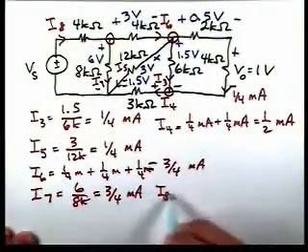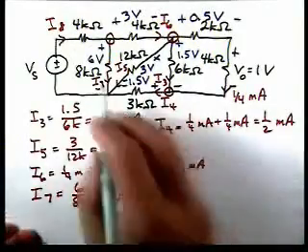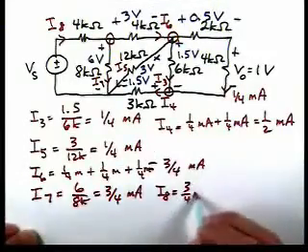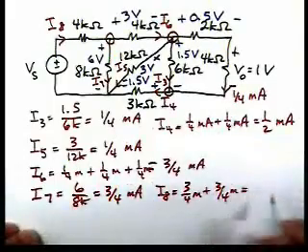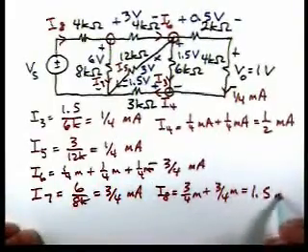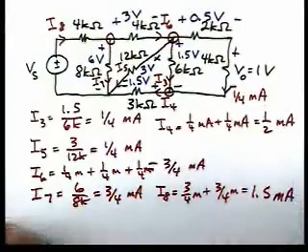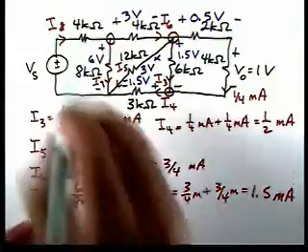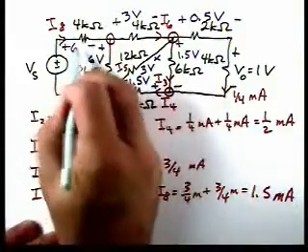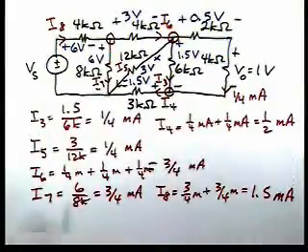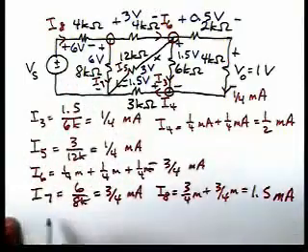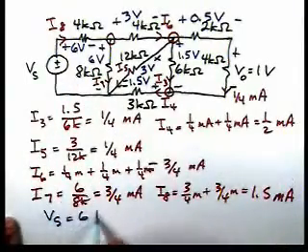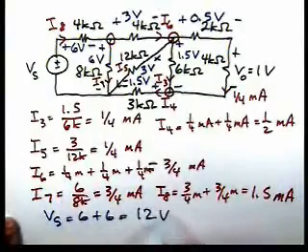So I8 is 3/4 of a milliamp here, and another 3/4, and that's 1.5 milliamps. Now the voltage across this resistor by Ohm's law is 6 volts. So now if we apply Kirchhoff's voltage law around this loop, we'll get Vs is 6 plus 6, or 12 volts.